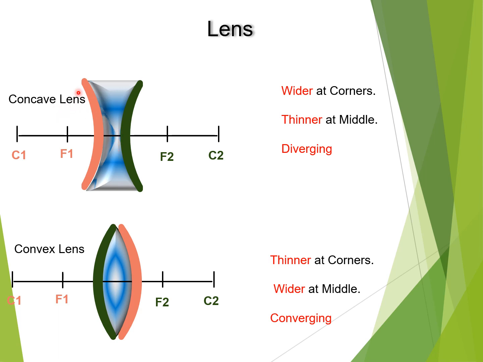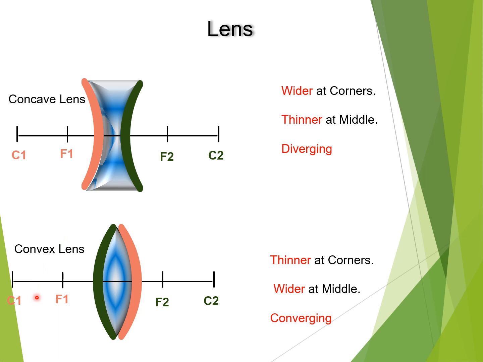That means when a light ray falls on a concave lens, it gets diverged because of the change in medium. If it is coming from air, for example, and the lens is made of glass, the medium is changing, the speed of the light will change, and the light ray will get refracted, and it will be diverging.